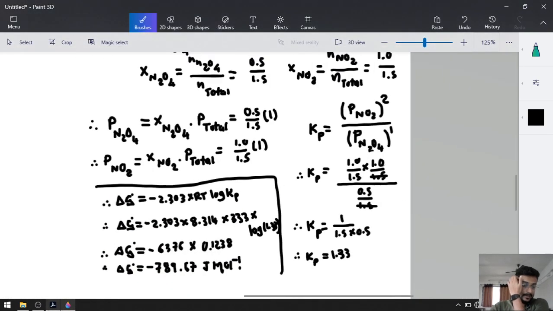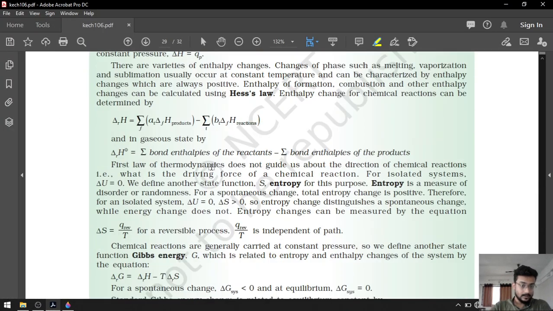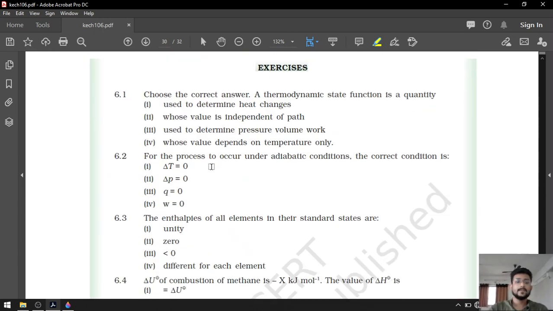After that, let's start the exercise. Okay, in the exercise there are MCQs. First MCQ, 6.1. A thermodynamic state function is a quantity independent of path. State functions are independent of path. It doesn't matter which way you are calculating the values, it will be independent of path.